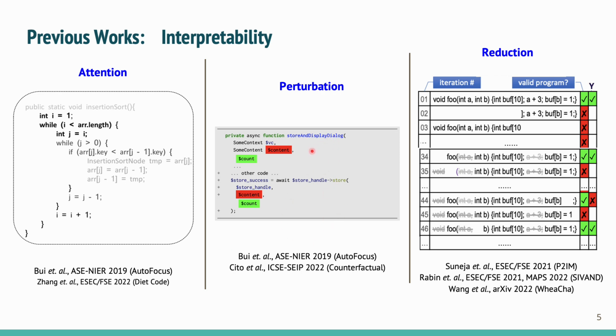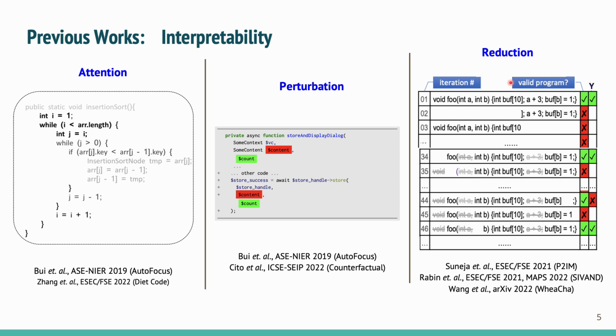Another way is to perturb the elements of a program and observe the impact on the model's prediction to understand their potential significance. However, sometimes this approach needs expert knowledge to choose an effective perturbation technique, or uses a gradient-based approach to apply perturbation that requires access to the model.